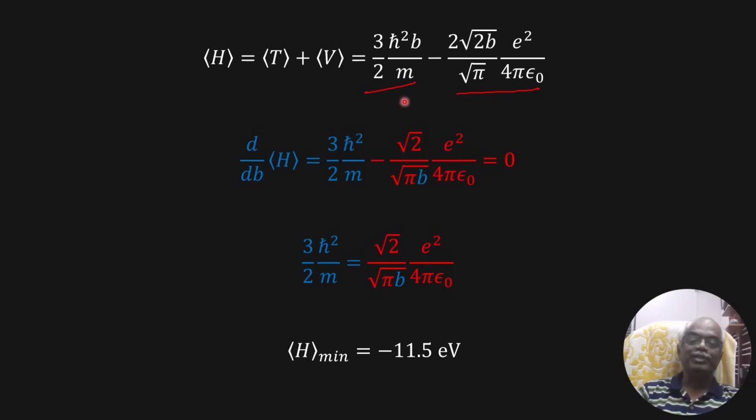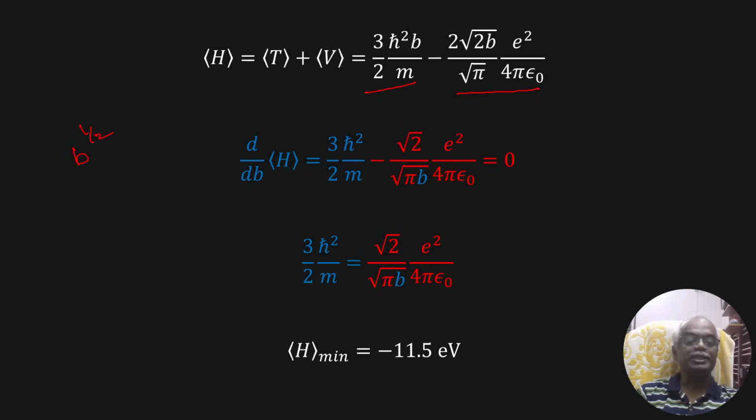If you differentiate the first term with respect to p, then you will get 3 by 2 h cross squared over m, because this p will go away. Similarly, if you differentiate square root of p, this can be written as p power half.